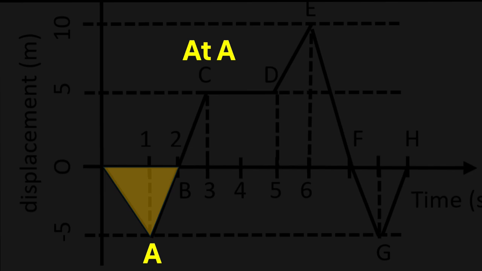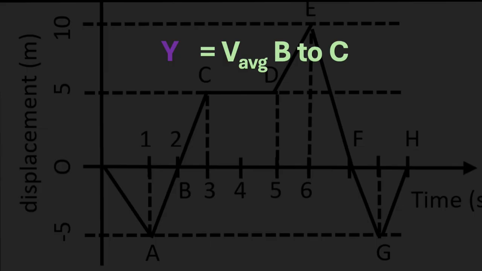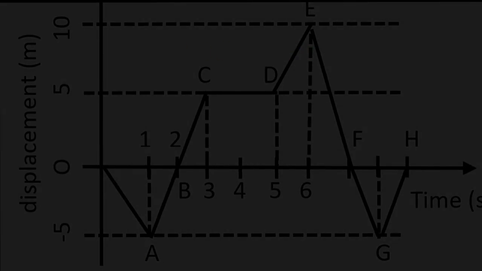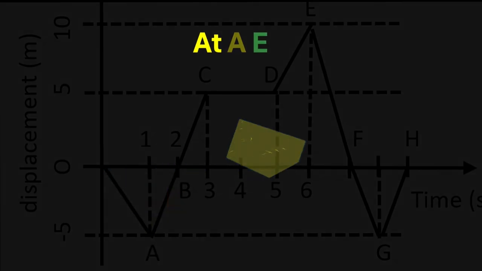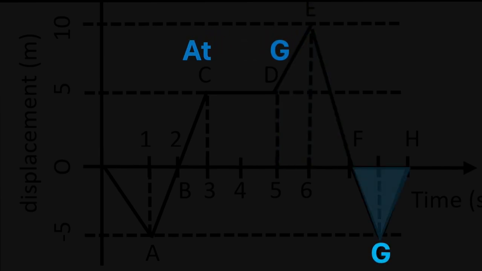So what we have here are these points which are very important to understand. These are the points: instantaneous velocity at point A, instantaneous velocity at point E, and instantaneous velocity at point G. There's something special about these points A, E, and G, which is of course related to continuity.